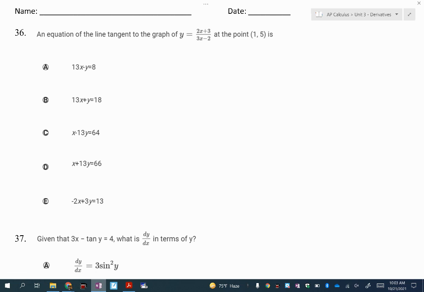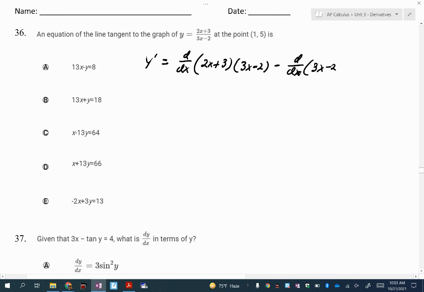So I need to find the derivative of y, so y prime, which is going to be d dx of the numerator times the original denominator minus the derivative of the denominator times the original numerator, all over the denominator squared.